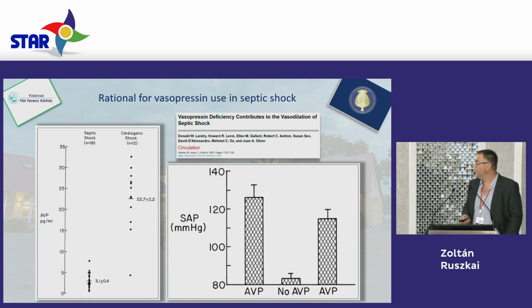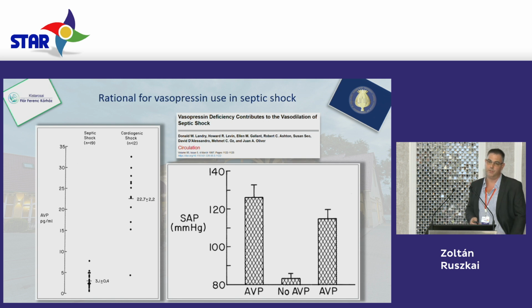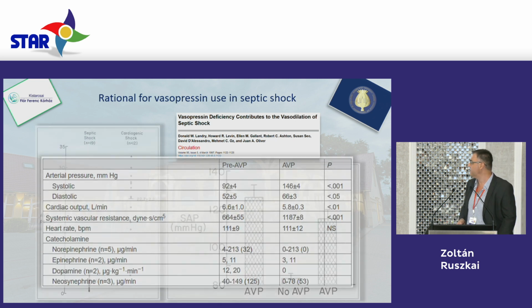It was a quite good study, and it gives the background for vasopressin substitution, because they found that in septic shock, the circulating endogenous vasopressin levels were extremely low in these patients compared to cardiogenic shock or patients with normal circulation. And if they gave vasopressin, they reached good MAP targets.